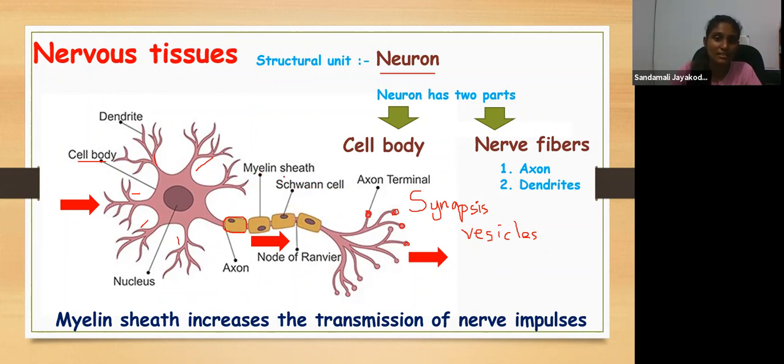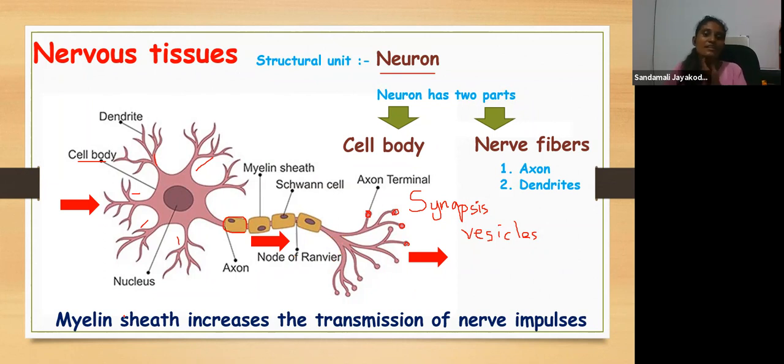It is known as Schwann cell. And at the top of this cell, that area is named as myelin sheath. In between these myelin sheaths, we can see the nodes of Ranvier. That is just an interrupted place in between those myelin sheaths. That is named as nodes of Ranvier.